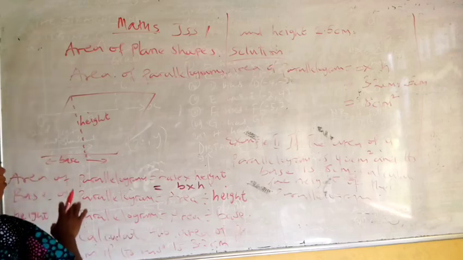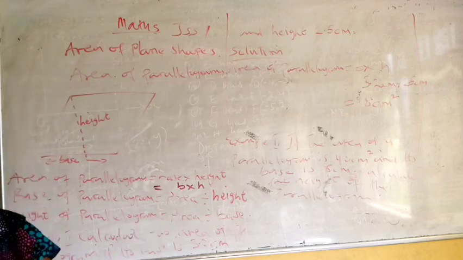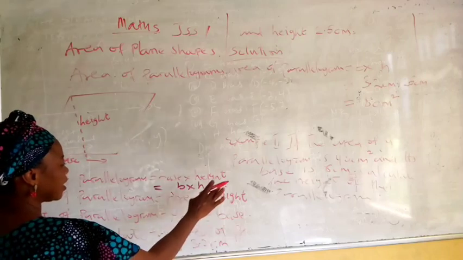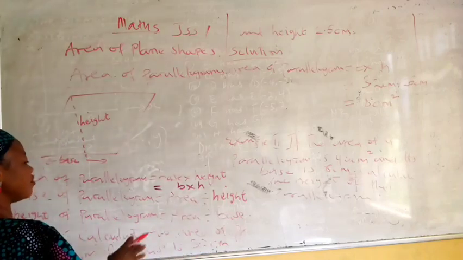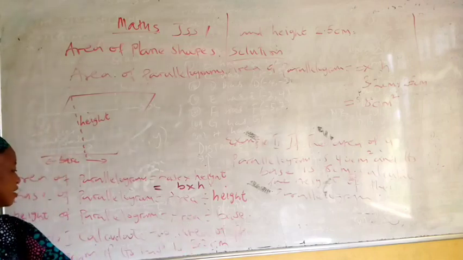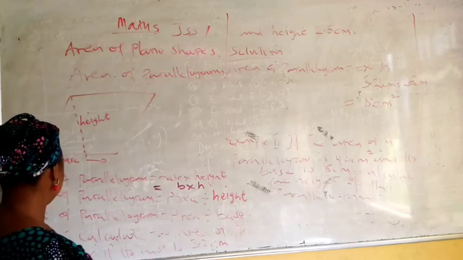If you are given the area and the height, you are asked to find the base, the base will now be area divided by height. And if you are given area and you are given base, you are asked to find the height, which will now be area divided by base.